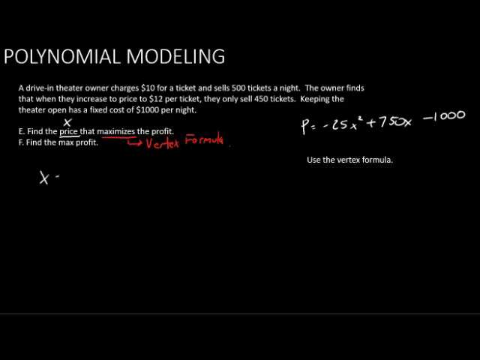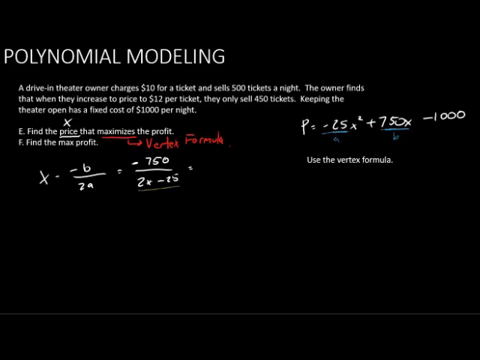We'll say that x is equal to negative b divided by 2a. Our a value is the number next to x squared, that's negative 25, and our b value is the number next to x, that's 750. We'll now say negative of b, so negative 750, divided by 2 times a, which was negative 25.